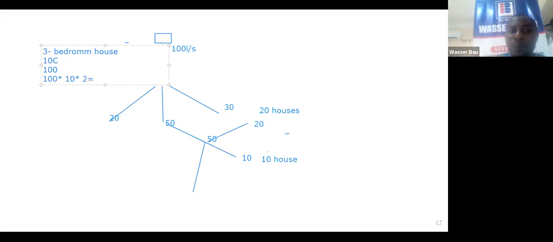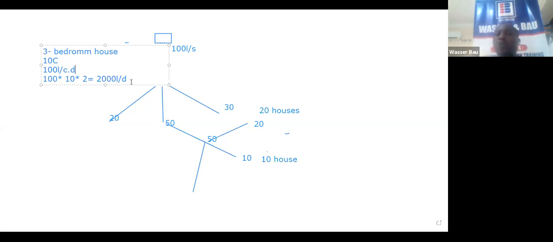So what does this tell me now? It means that each household along that corridor will be requiring 2,000 liters per day. Remember, this 100 is liters per capita per day. So by the time I multiply with 10, the capita will be eliminated.